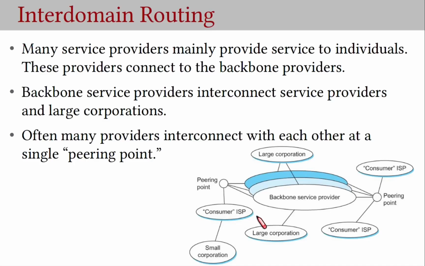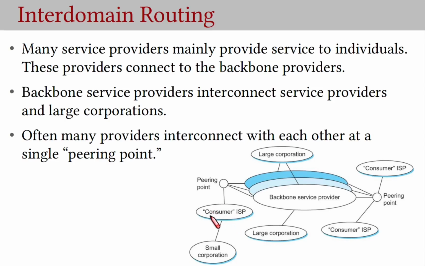Okay, so now we are back to that diagram that we saw a little while ago. So here we are going to understand a little bit more about the service providers. So there are service providers that mainly provide service to individuals or small businesses. And so here is one example.